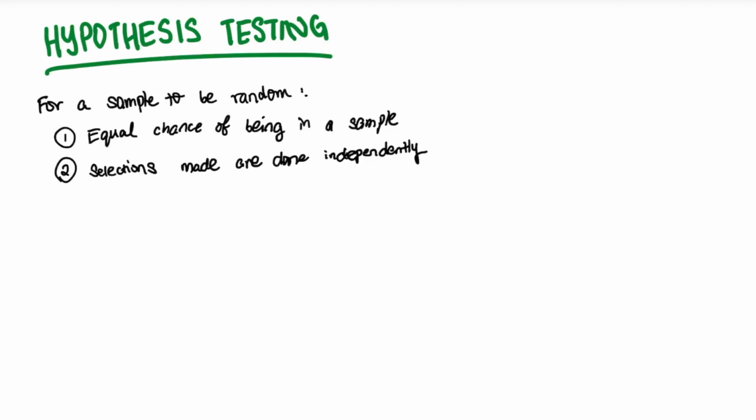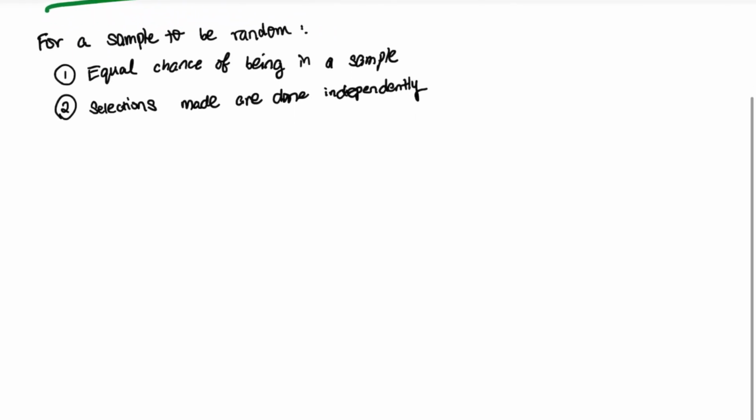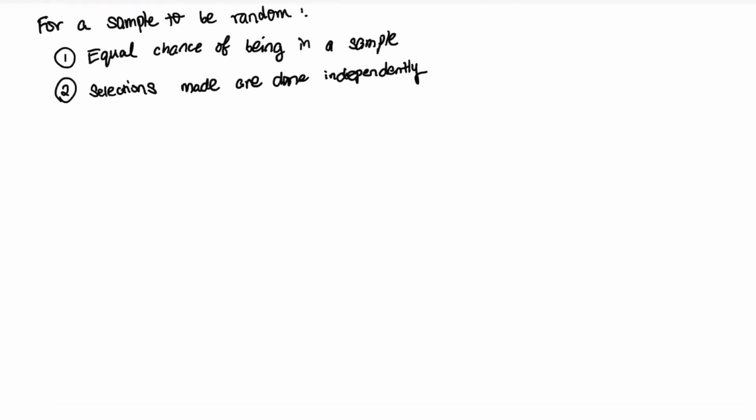In our hypothesis testing, you're going to come across two terms a lot, which are known as your null hypothesis, as well as this other thing called the alternate hypothesis. These are essentially the main concepts that you're going to need to know for this entire hypothesis testing.